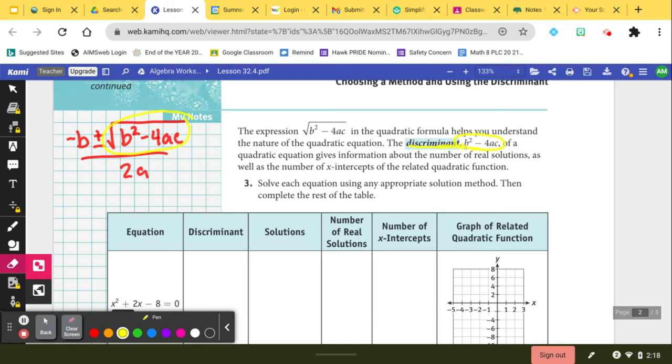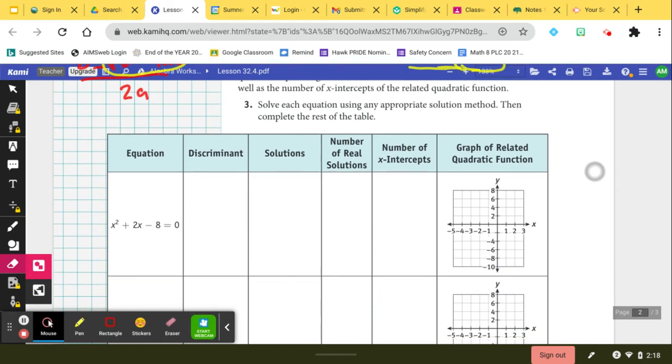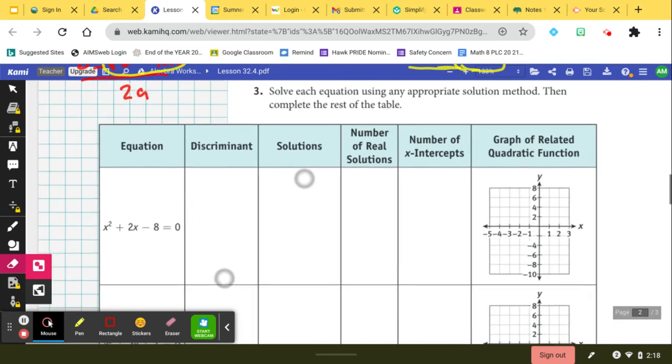Remember that solutions to our quadratic functions, real solutions to our quadratic functions are our x-intercepts. They're when y equals 0, which is why we set our equations equal to 0. So it says solve each equation using the appropriate solution method and then complete the rest of the table. So first thing that we're going to do is we are going to write down what the discriminant is.